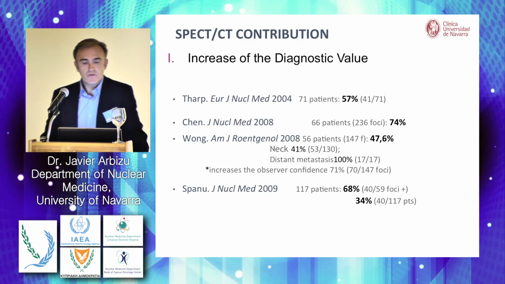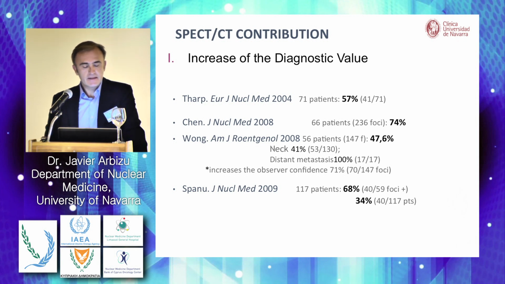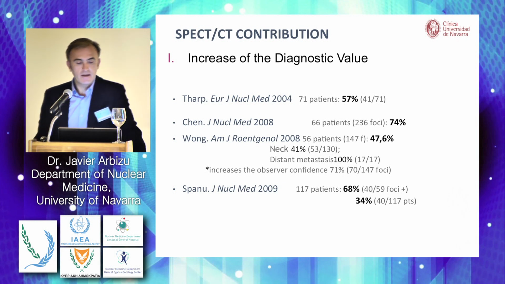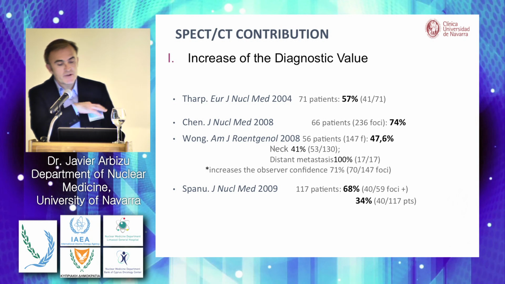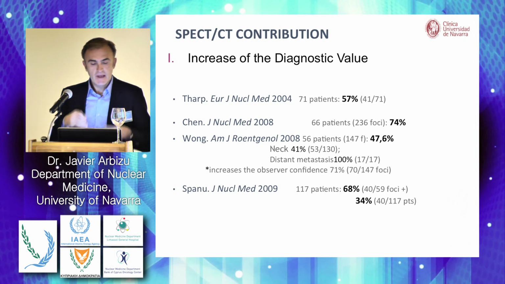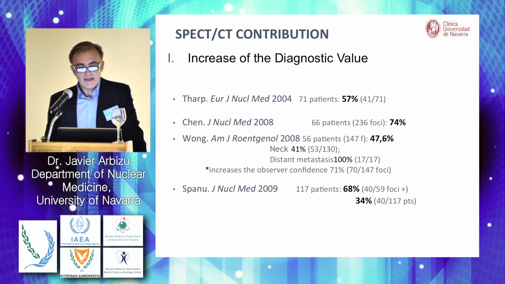So how has the increase of the diagnostic value been presented in the literature during the last years? Well, in this paper, with 71 patients, they recognized an increase of the diagnostic value in 57% of the patients. In the group of 10, they said 74, so a little bit more.